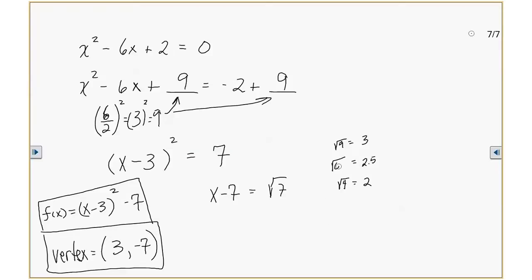Square root of 6.5 is 2.5, so 2.6. x minus 7 is equal to positive or negative 2.6. x is equal to positive or negative 2.6 plus 7. And that's going to give you 9.6. That's one x-intercept. And negative 2.6 plus 7, I have no idea. 4.4. Somebody help me out. Is it 4.4?